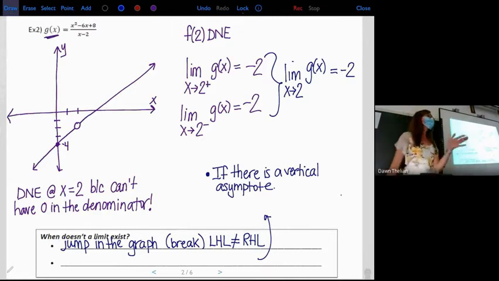And since infinity itself is not a y value, it's really just a concept, if it doesn't approach a y value, the limit doesn't exist. Let's look at a graph where we kind of have all these different things going on. Questions before we move on?